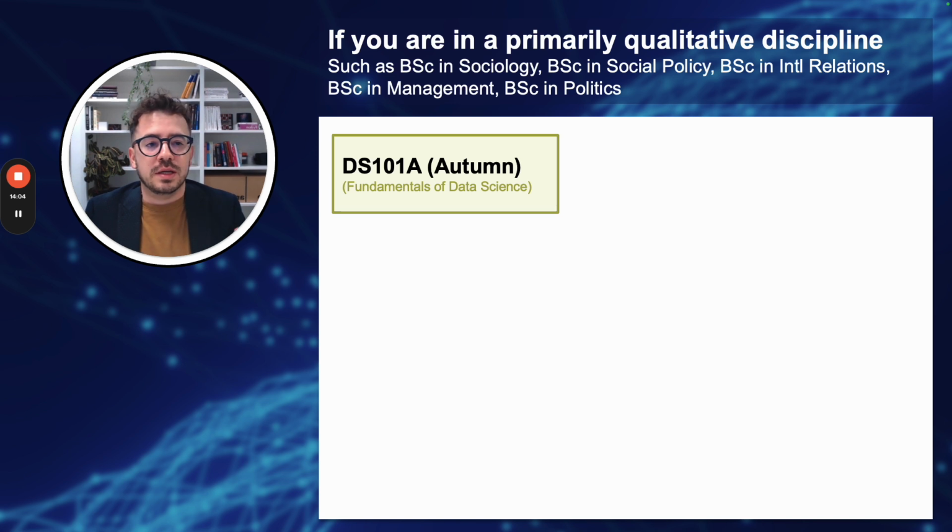If you are in a more qualitative discipline, such as sociology, social policy, international relations, management, politics, and you know nothing about data science, you've never touched any of these subjects, then maybe DS101A is the best point for you to start.